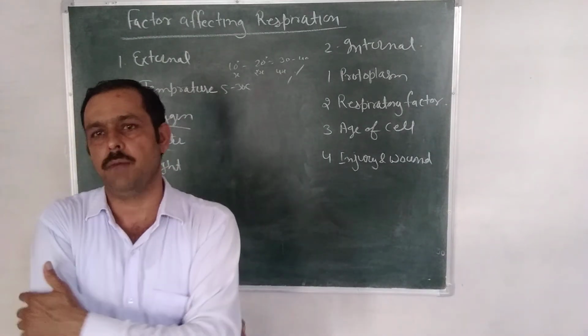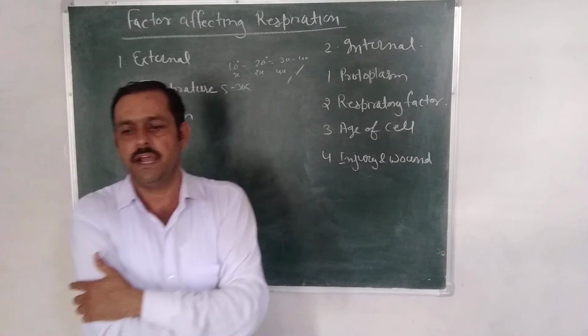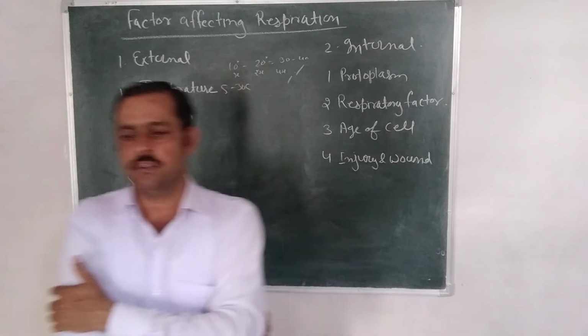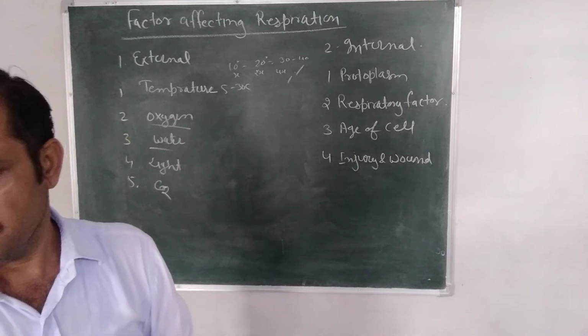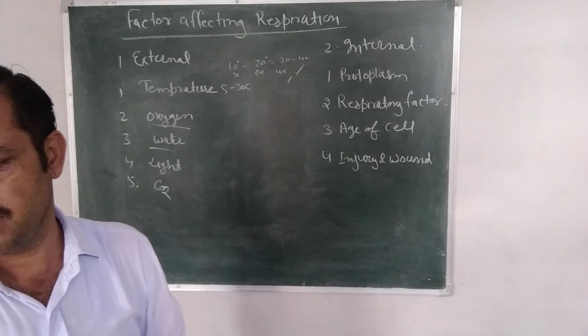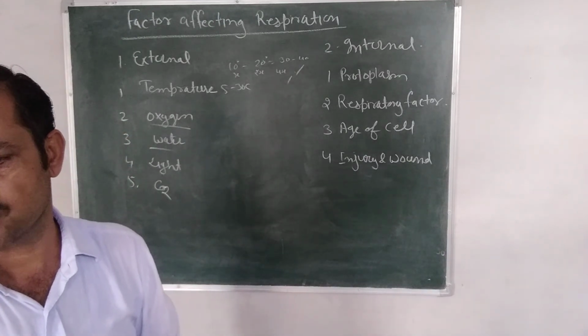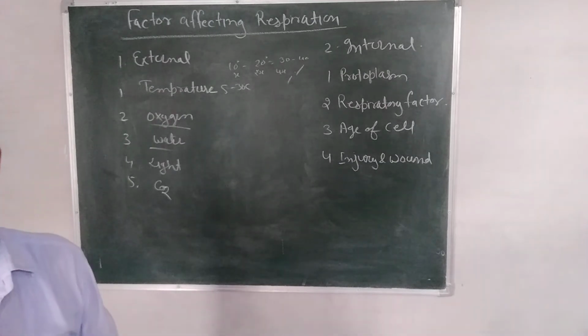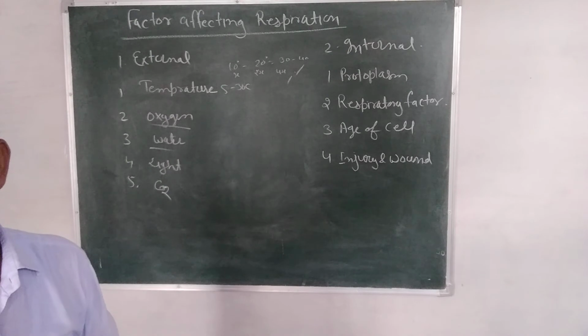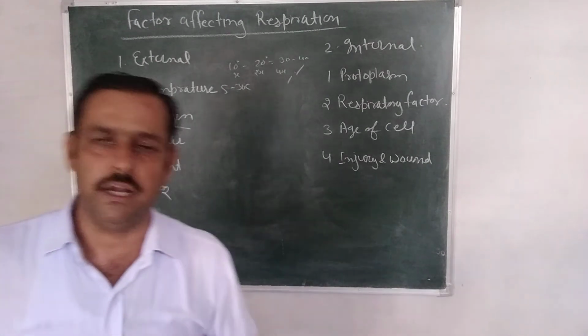Due to the small amount of water in dry seeds and plants, the respiration rate is slow. That's why these can be stored for a longer period. In the presence of water, carbohydrate converts into soluble sugar and increases the respiration rate.